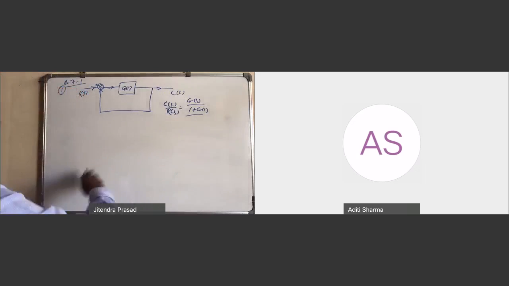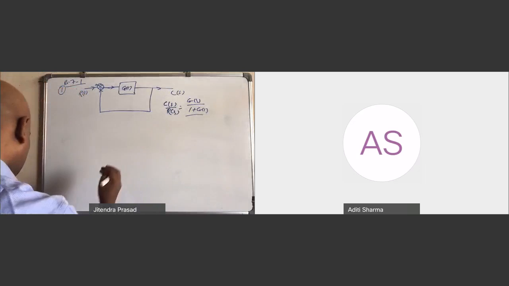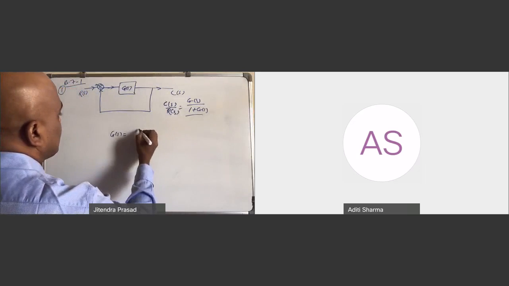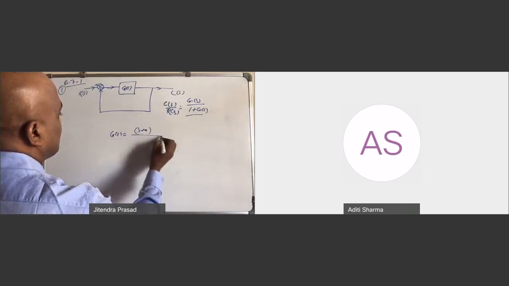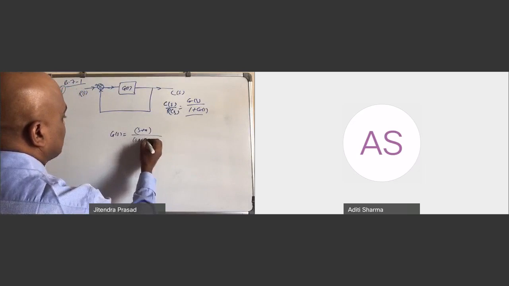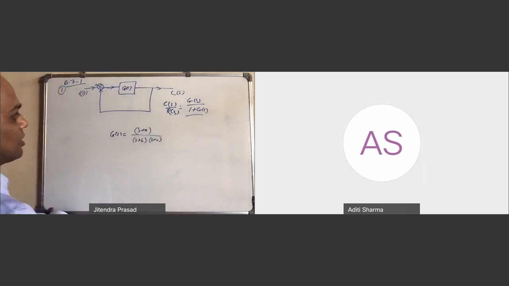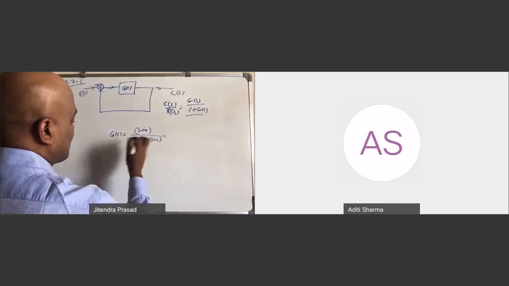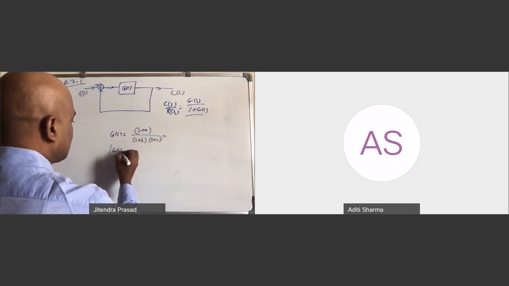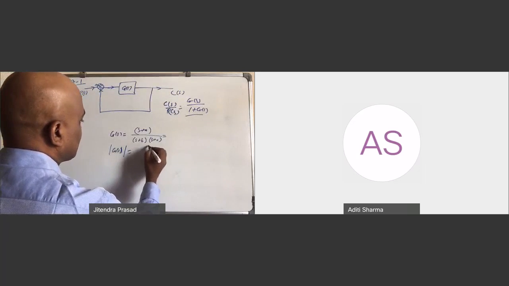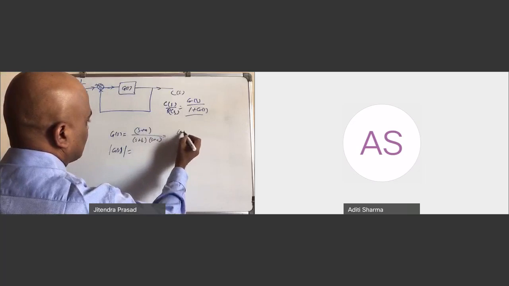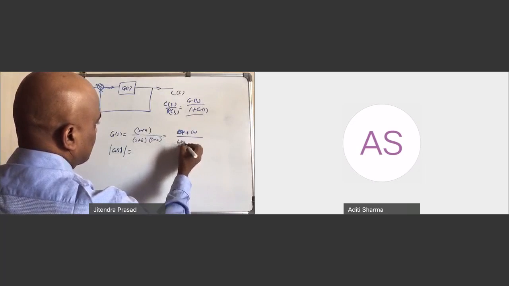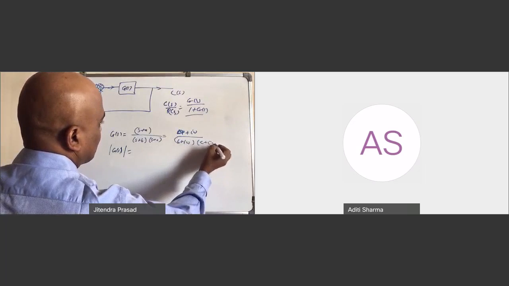Let us say, for example, G(s) looks like (s plus A) over (s plus B) times (s plus C). What you will do is, for G(s), that becomes (A plus i omega) over (B plus i omega) times (C plus i omega).